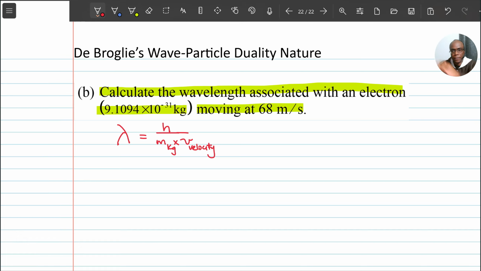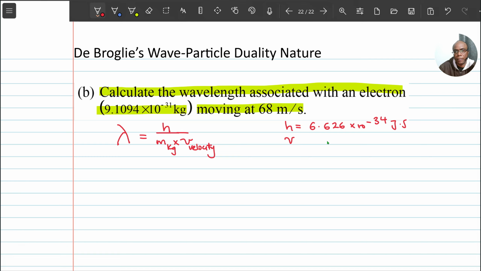Velocity is speed in a given direction. So we know again that Planck's constant is 6.626 times 10 to the power minus 34 joule seconds. It's always good to write what you have or what you're given before you even begin.